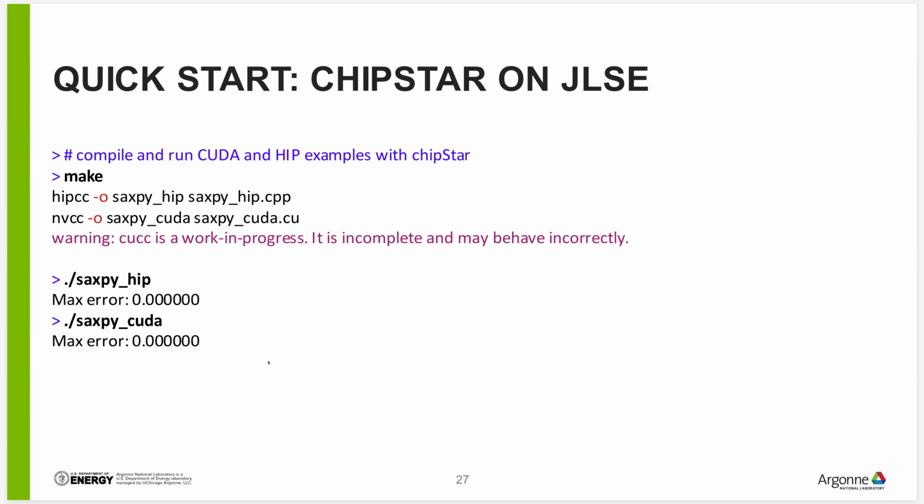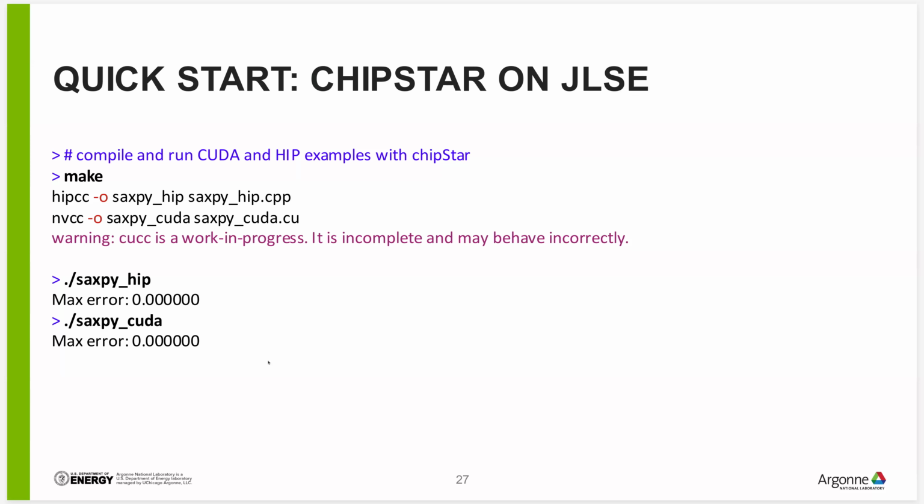So just make should work. It contains CUDA and heap CUDA SAXP examples, which are really simple to understand. You will get a small warning about NVCC compilation because it's still a work in progress.